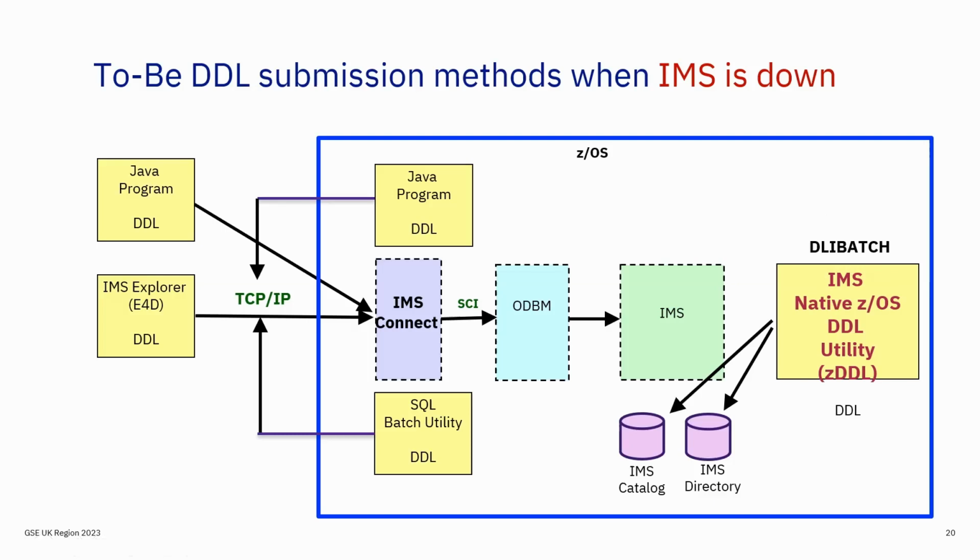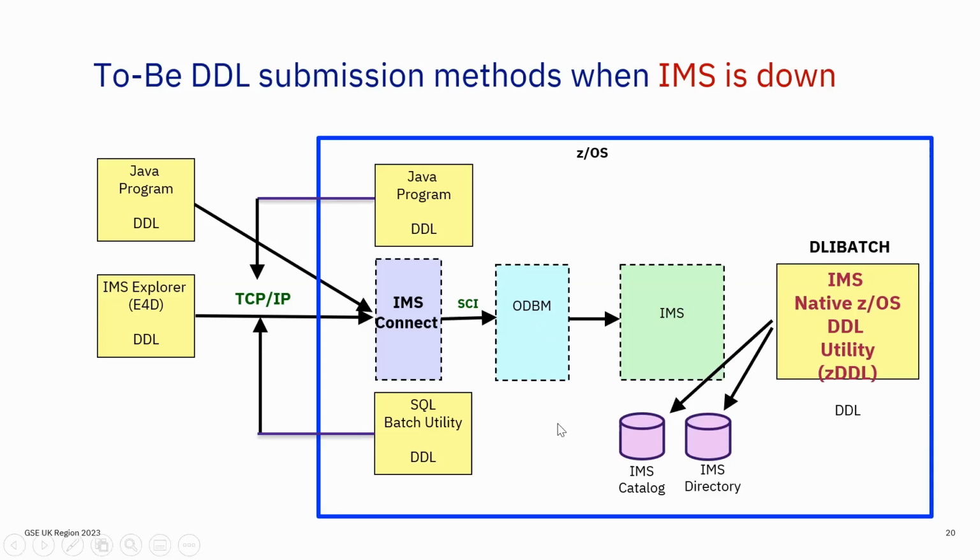Even in DB2, by the way, if DB2 is down, you can't submit DDL. But in IMS, when IMS is down, you'll be able to submit DDL by running ZDDL in DLI batch mode. We're currently working on it. I believe this week we are giving a beta version of this DLI batch utility to our sponsor users. They'll be testing and playing with this stuff starting this week.